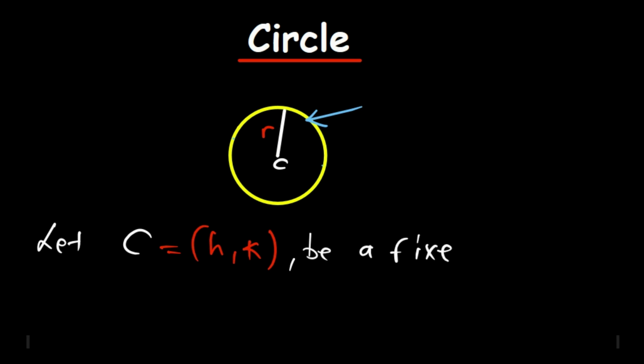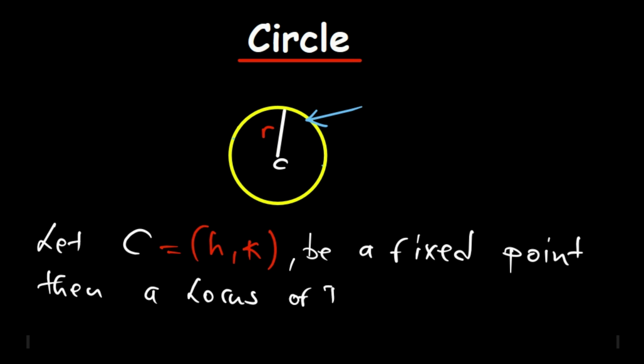So I'm giving you the formal definition. Let our center h, k be a fixed point, then a locus. A locus is just like a set of something. In this case, mathematically we are talking about a locus of points, so a set of points.